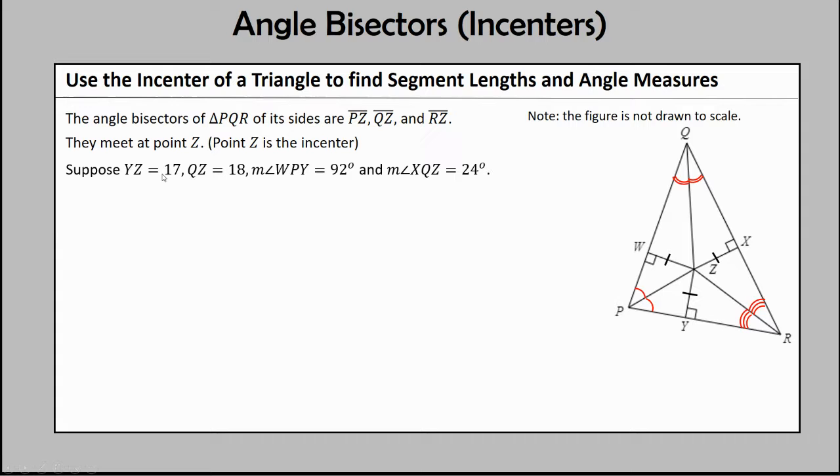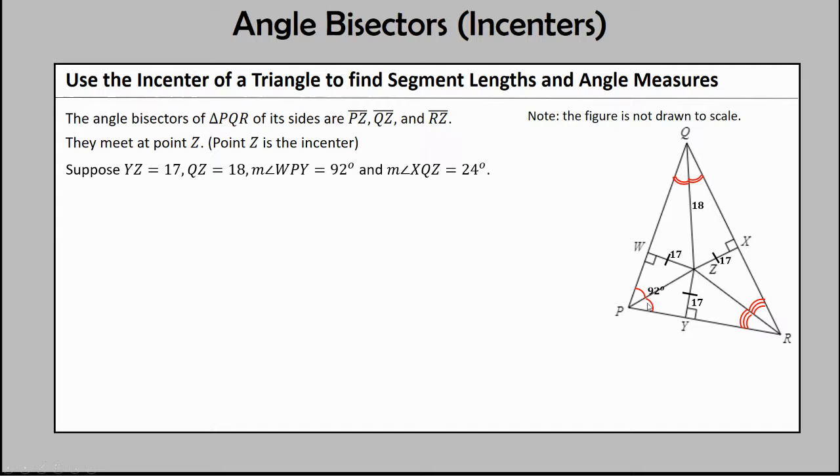Now they give us some numbers to put in. They tell us Y to Z is 17. So guys, just by our labels, if Y to Z is 17, then Z to X is 17 and Z to W is 17. They tell us Q to Z is 18. They tell us angle WPY is 92. So WPY is this whole angle.